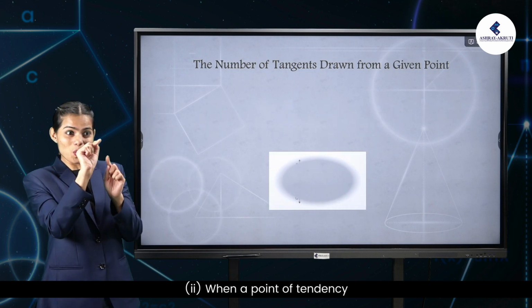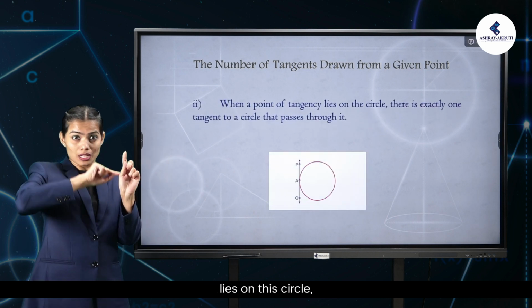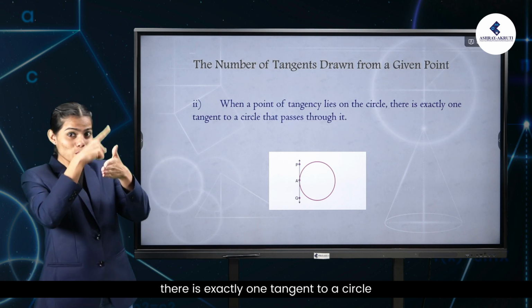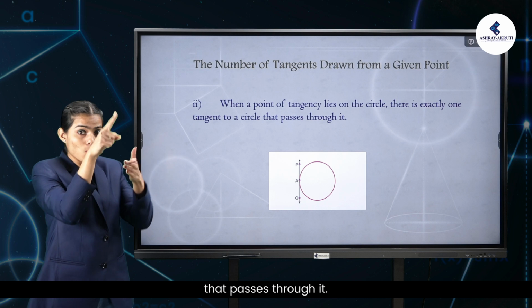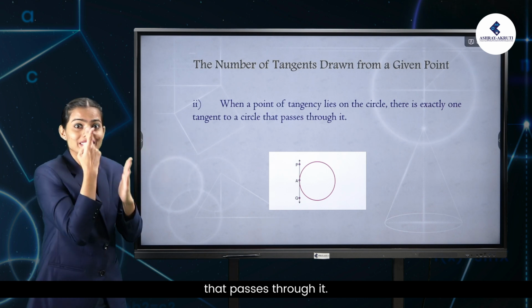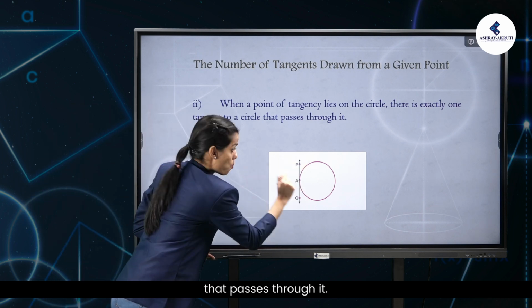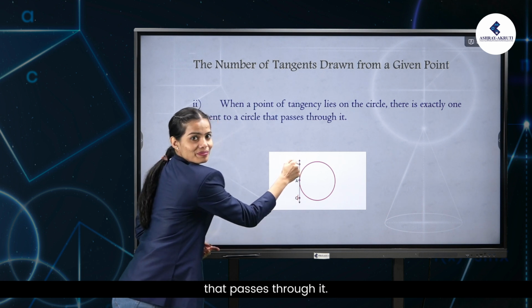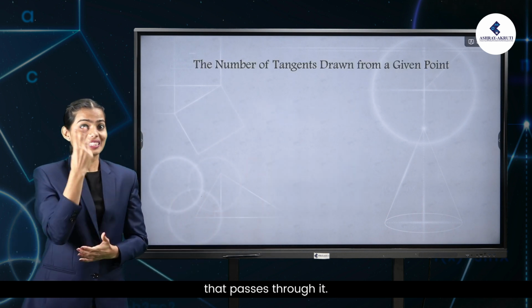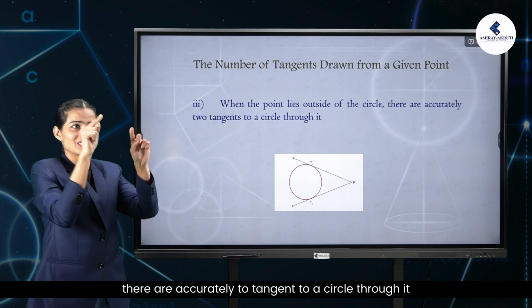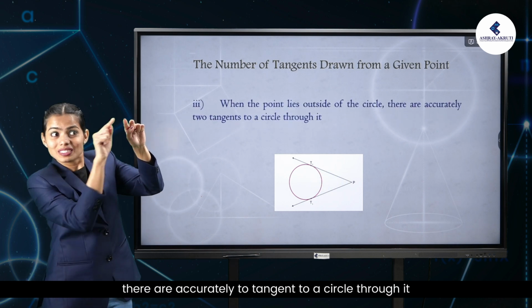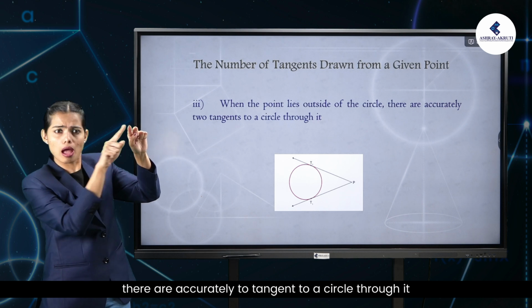When a point of tangency lies on the circle, there is exactly one tangent to a circle that passes through it. When the point lies outside of the circle, there are exactly two tangents to a circle through it.